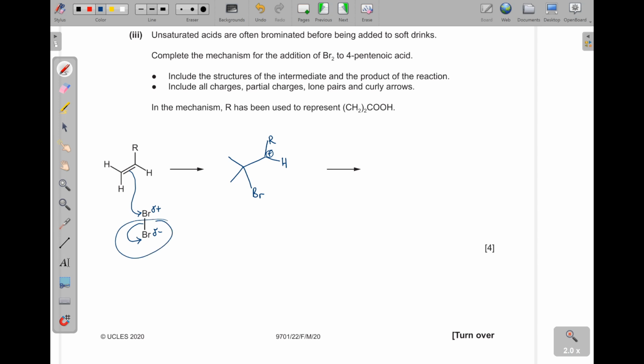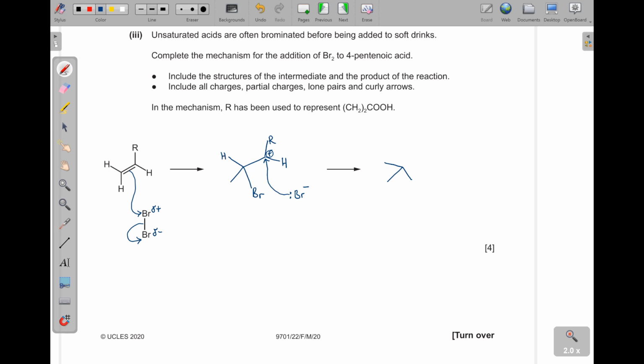Now this one that has been broken off from here is going to come, it's now fully negatively charged, it has received all the electrons, and then it uses its lone pair to give to this carbon here that appears to have lost the electrons. Then we have a hydrogen here, and then a bromine here. Okay, then what else are we going to have?